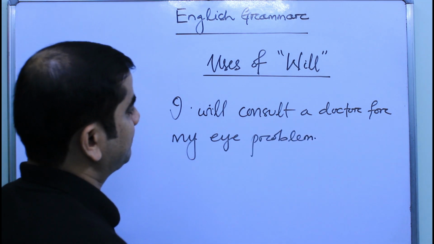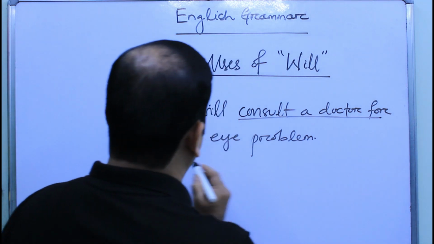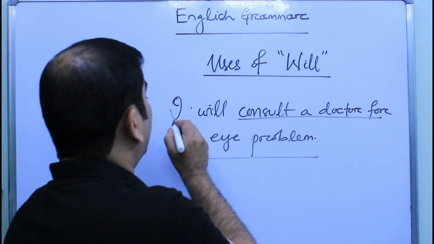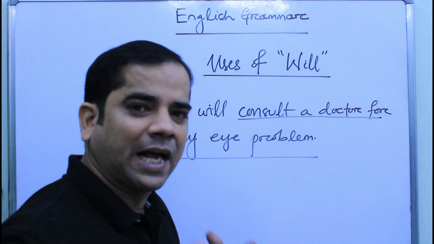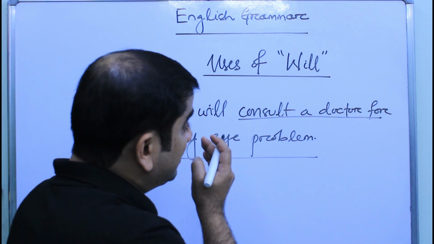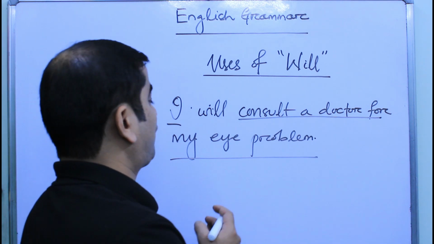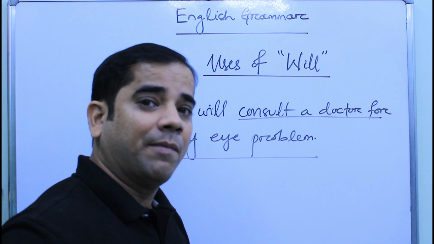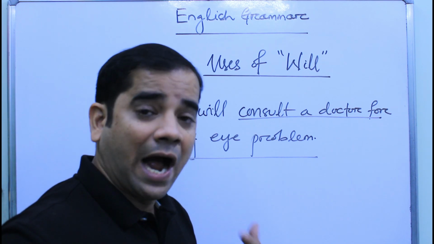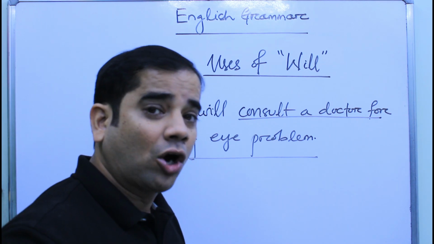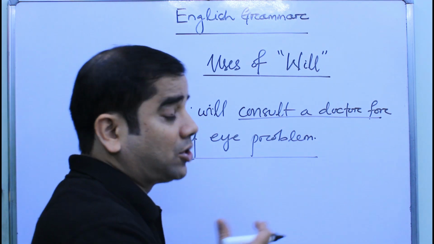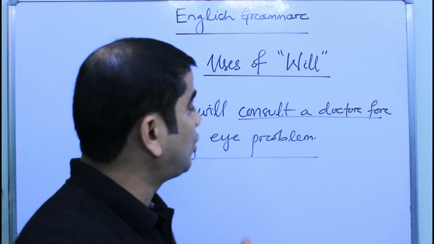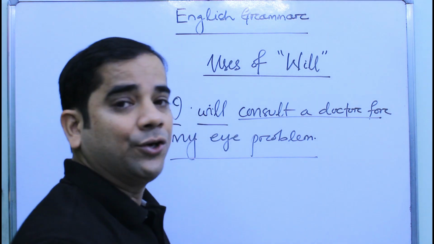In this case, consulting a doctor for an eye problem is the view of the speaker, and the subject is I. I am thinking that I have some eye problem and I should consult a doctor. So I am saying that I will consult a doctor for my eye problem. This is my view, so will is used.